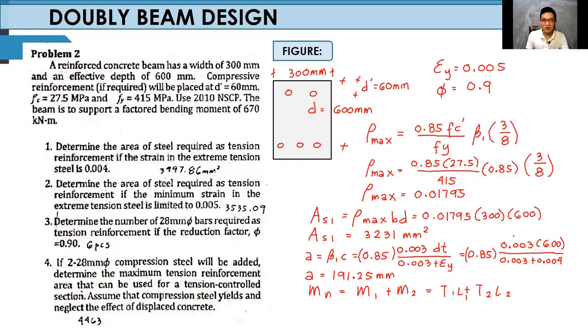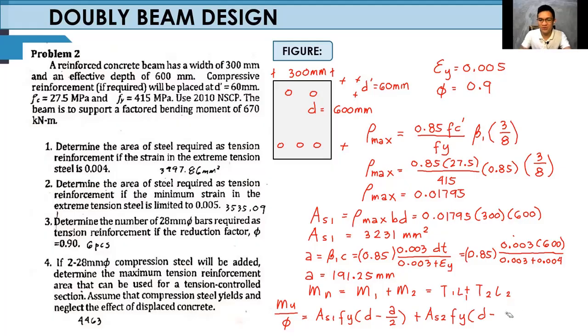Ayan. Okay, so Mn natin, same kanina, that is Mu divided by phi. Then M1 natin, that is AS1 times Fy. Lever arm natin is depth minus a over 2, plus AS2 natin multiplied by Fy, depth minus d prime.